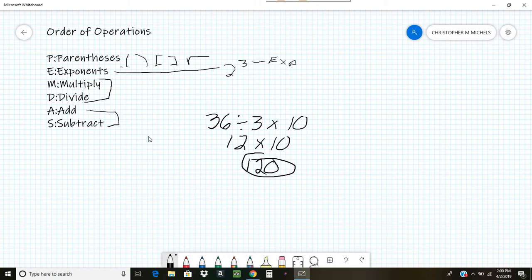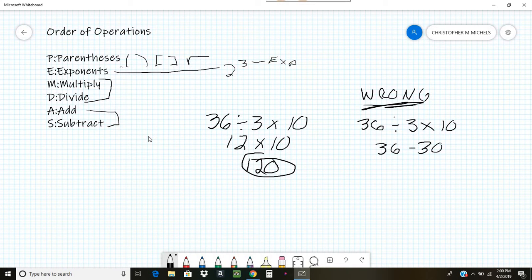But if you do it the wrong way, so again, I want to reiterate, this is wrong, for people who look at that like, well, I did it like you said, but no, remember, wrong, okay? So if you take the same problem, 36 divided by 3 times 10, if I do it out of order, if I do 3 times 10, which is 30, and then I take 36 and divide that, I do 36 divided by 30, that gives me, I think, 1.2 if I remember correctly.